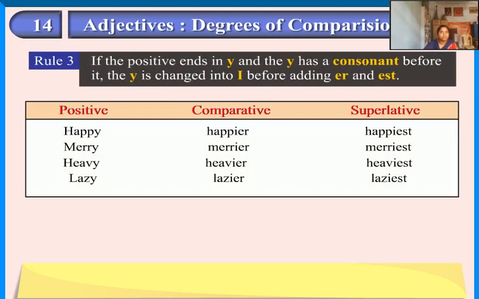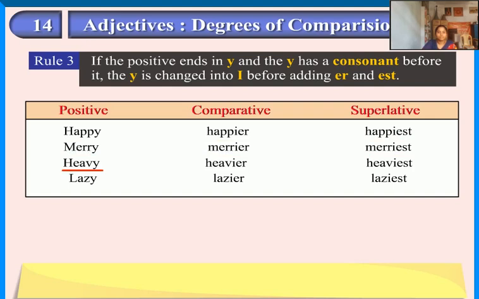Rule 3. If the positive ends in Y and the Y has a consonant before it, the Y is changed into I before adding ER and EST. Happy, happier, happiest. Merry, merrier, merriest.